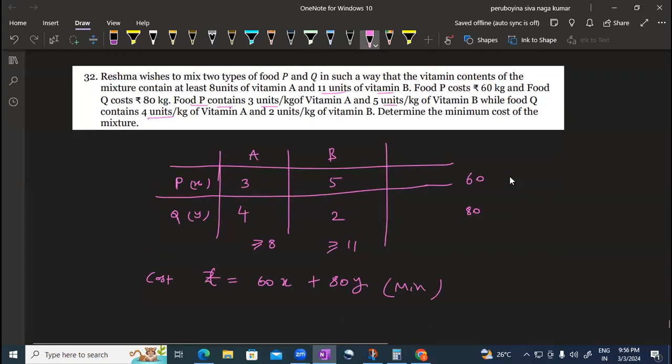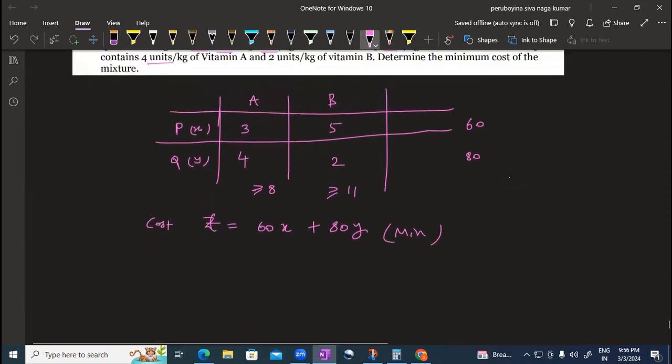We have to determine such values of x and y for this cost function. Okay, let us create the constraints.